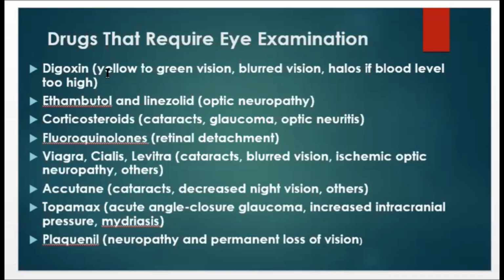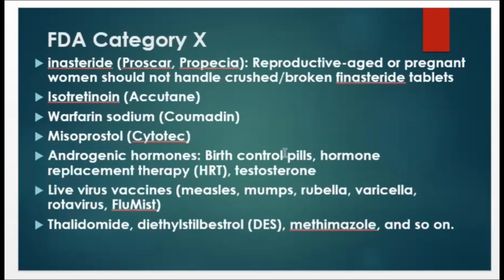Then FDA category X. So FDA category X is just to let you know some of the medications that require caution or should even be avoided in pregnancy. As far as it depends on the person, you have to educate the patient. One of them is your Proscar.